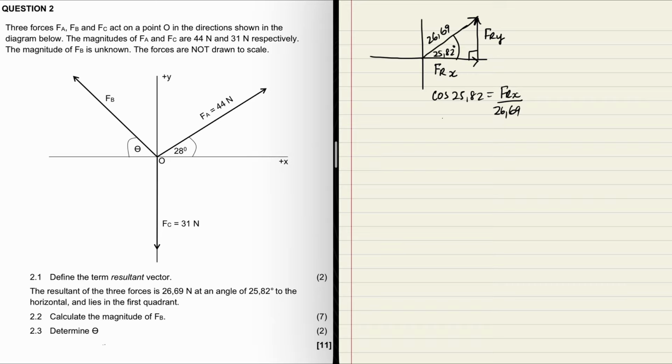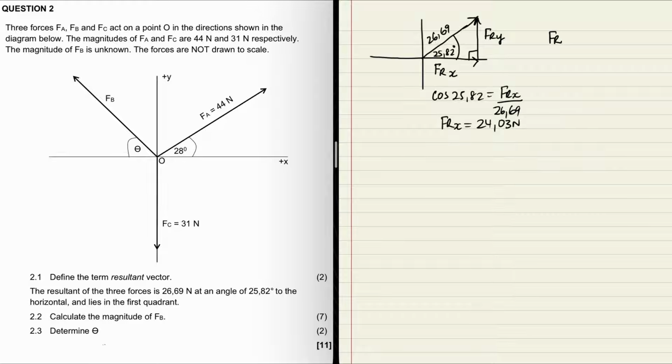That means if I cross multiply, FR in the x component will equal 26,69 times cos of 25,82, which is equal to 24,03 newtons. I can do the same thing for the y.